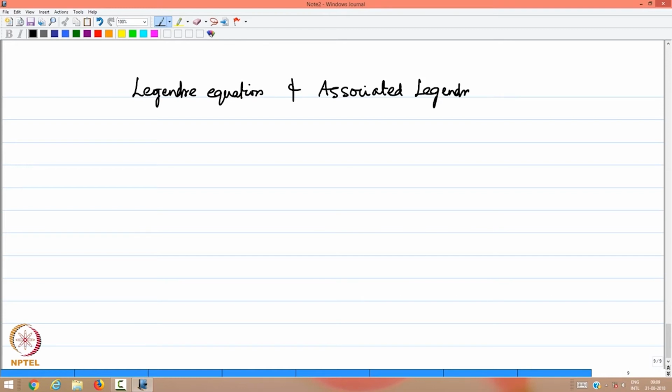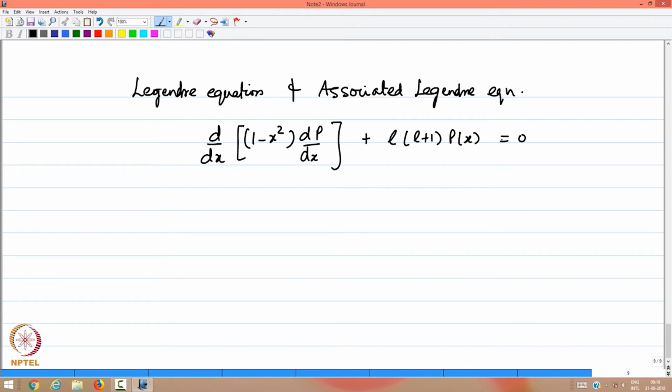Legendre: d by dx of 1 minus x square dP by dx plus L into L plus 1 P of x is equal to 0, if we identify the term beta prime to be minus L into L plus 1, because beta prime was an arbitrary constant, but the Legendre equation is an equation which has an arbitrary integer.